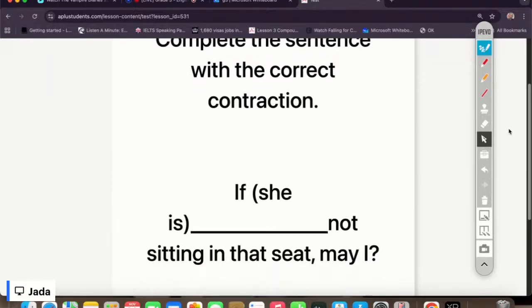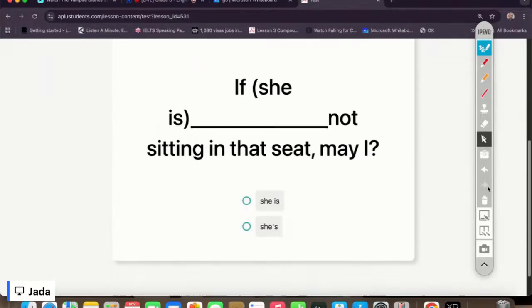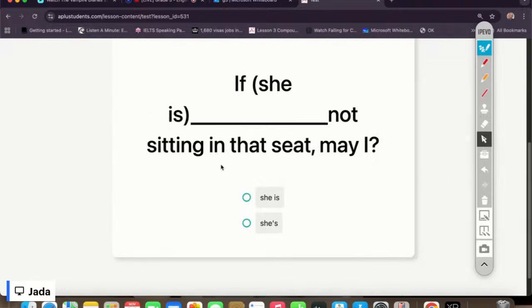So complete the sentence with the correct contraction. If she is not sitting in that seat, may I? So tell me, what's the contraction of she is? Is it the first or second?